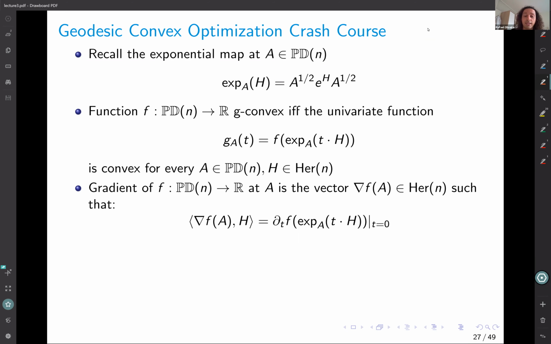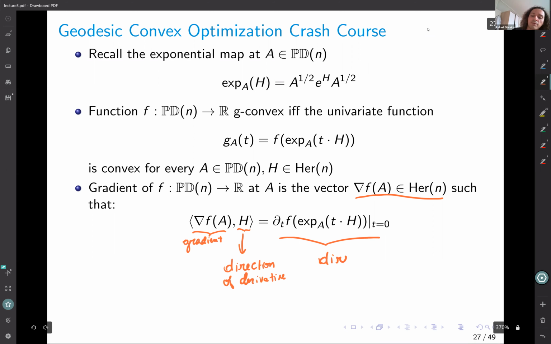So we're just going to say that the gradient at A, nabla f at A, is a Hermitian matrix such that the inner product of the gradient with the direction H is equal to the directional derivative at 0. Okay, so that's the definition.